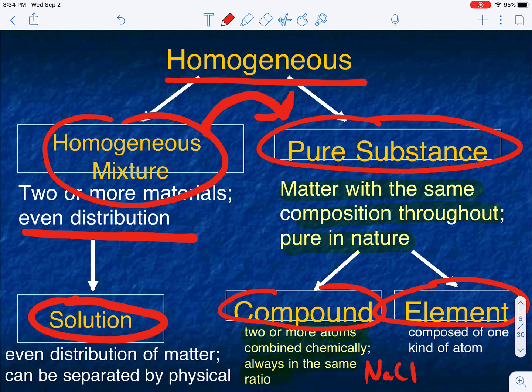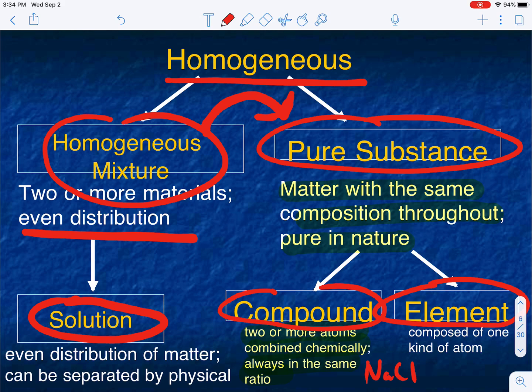Some of these solutions could be a solid solution, like I mentioned before, like a gold alloy, or they could be air that you're breathing right now, which contains nitrogen and oxygen and carbon dioxide, mostly nitrogen and oxygen, 78% nitrogen, 21% oxygen. Or tap water, it's not just pure water, it actually contains other ions mixed in there. So those are all solutions.